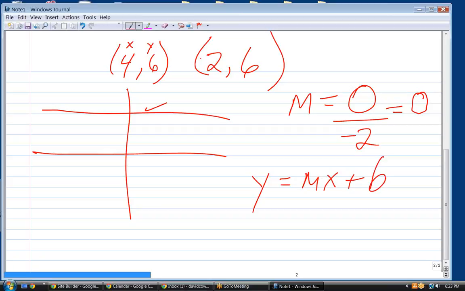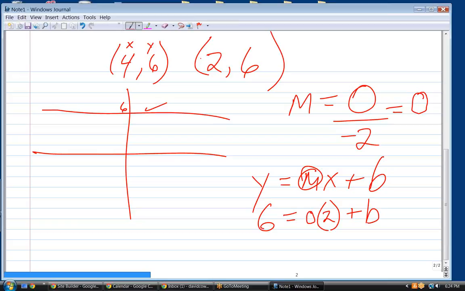So y equals 0x plus b. And then I'm going to put in the 2 and the 6. So 6 equals 0 times 2 plus b. Look at my curve that I've drawn.